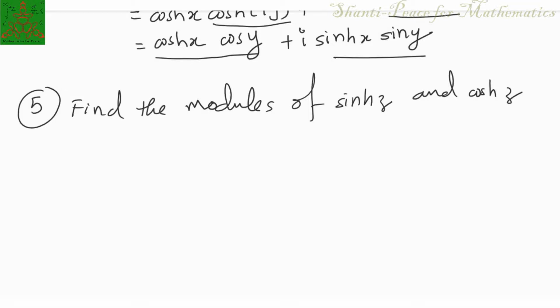As we have discussed in the trigonometric functions, we started with the mod of sine hyperbolic of z square. You know that the mod of z square will be x square plus y square, where x square is the real part and y square is the imaginary part. So what is the real part of sine hyperbolic of z?